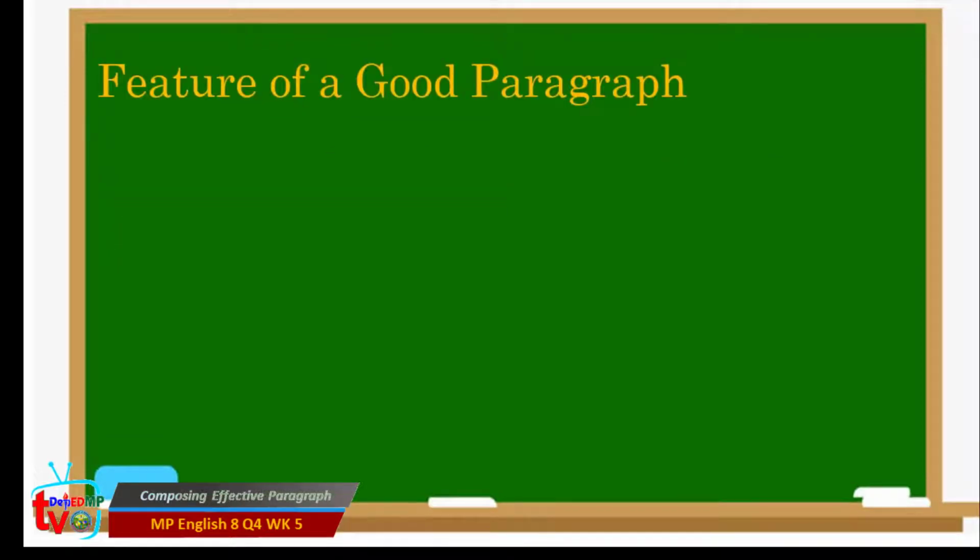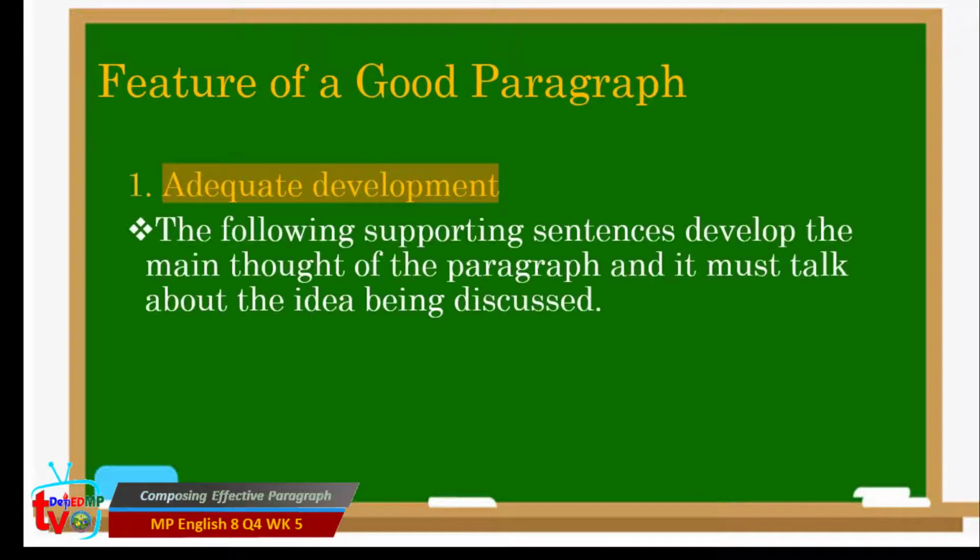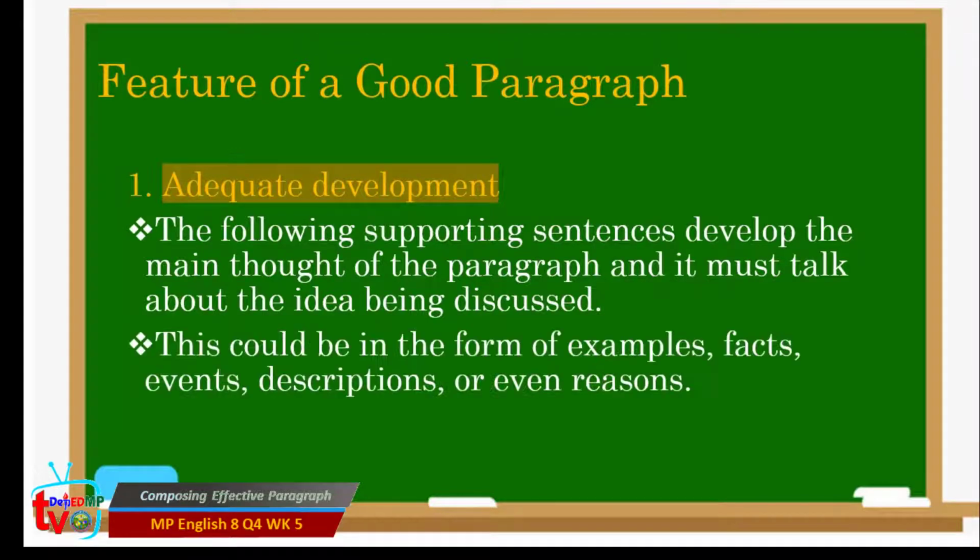Features of a good paragraph. 1. Adequate development. The supporting sentences develop the main thought of the paragraph, and it must talk about the idea being discussed. This could be in the form of examples, facts, events, descriptions, or even reasons.